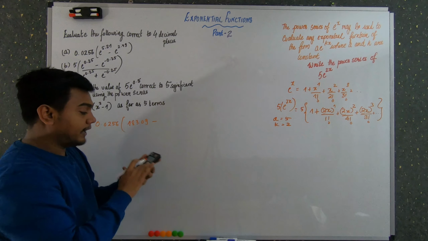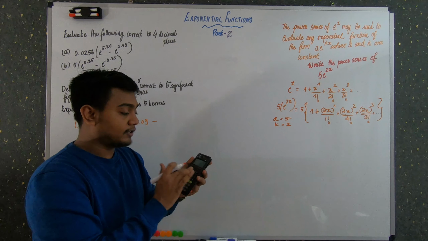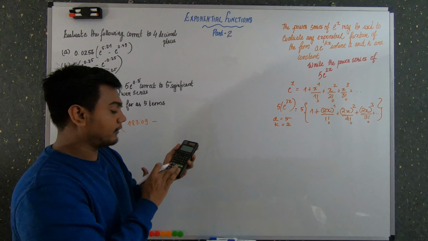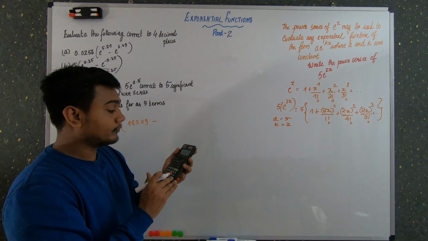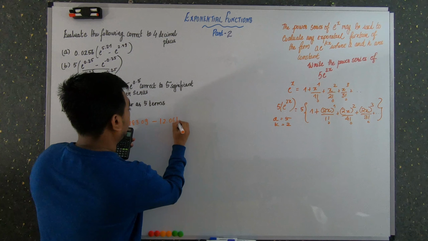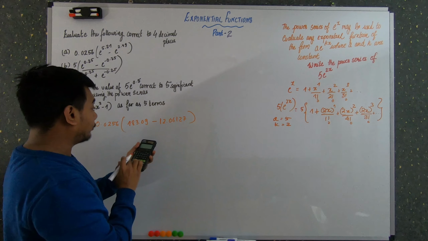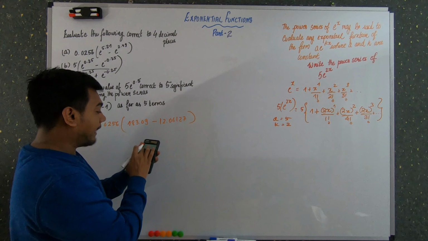Again e raised to 2.49 is 12.06127. I took only up to 2 decimal places, let me evaluate it again.